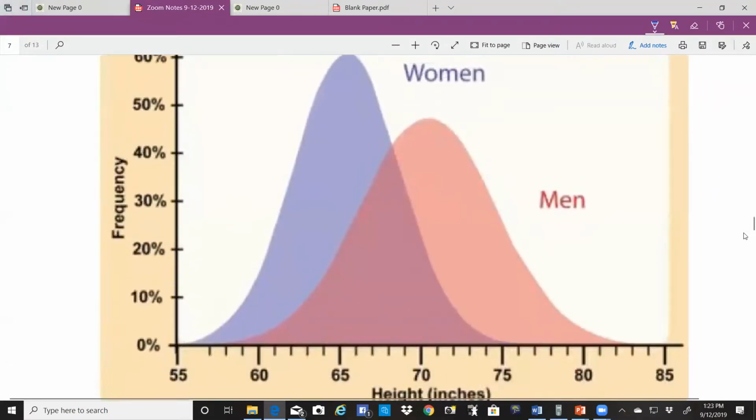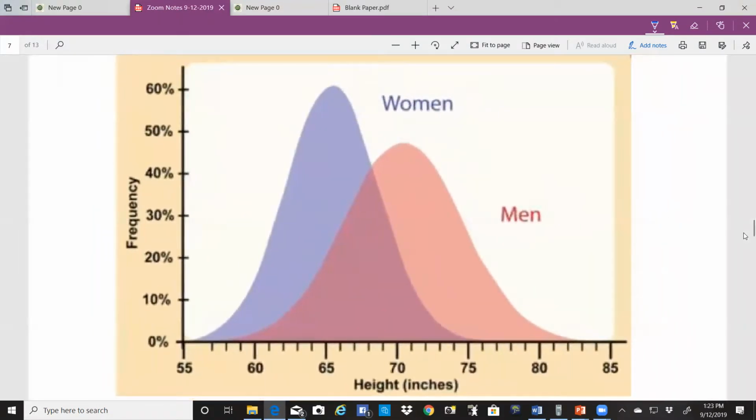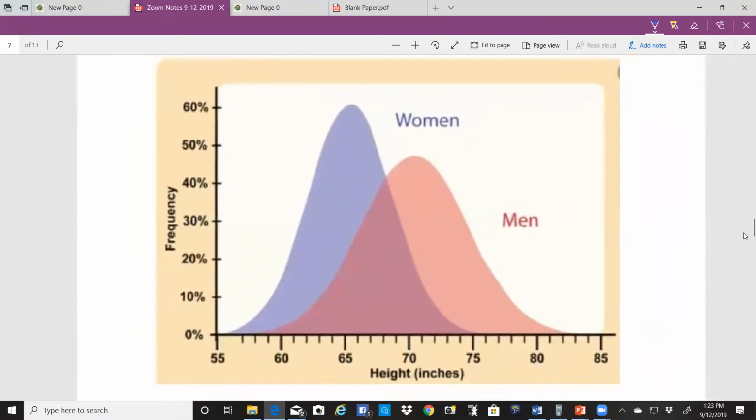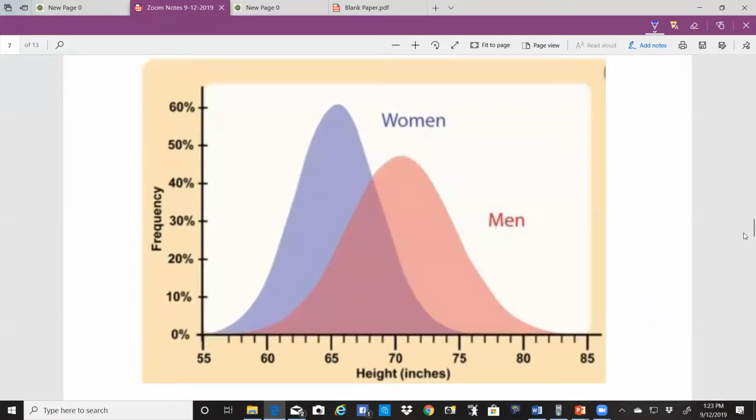Here's a chart on the height of women and men. I'm not even sure where this is, whether it's US or the world, but I think everybody knows the average height of women and men are different, and they have various distributions. And so we're going to be studying next week on variation.